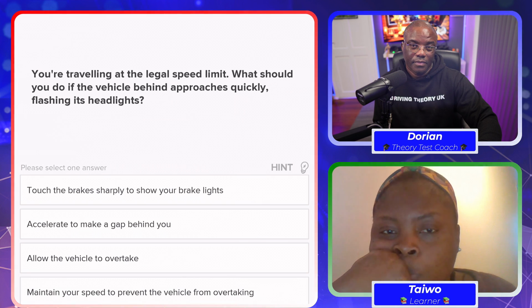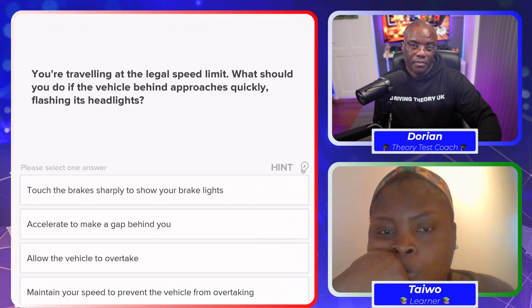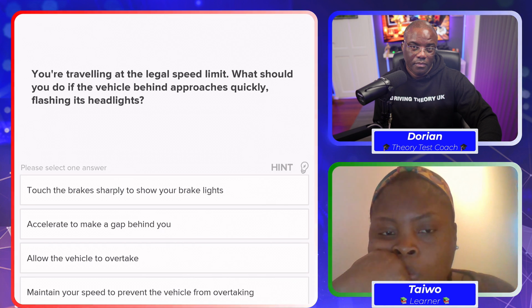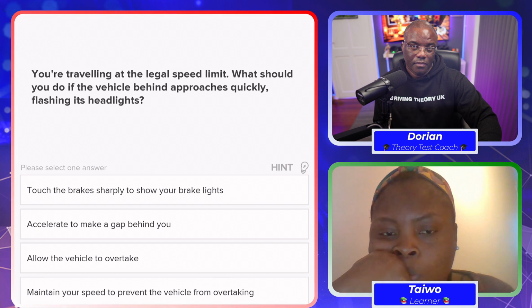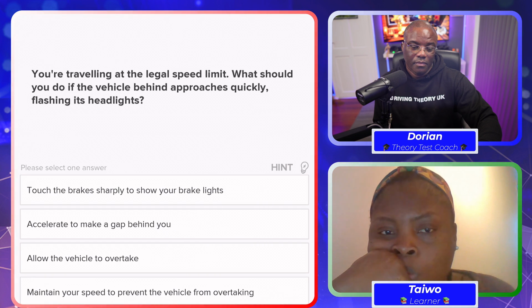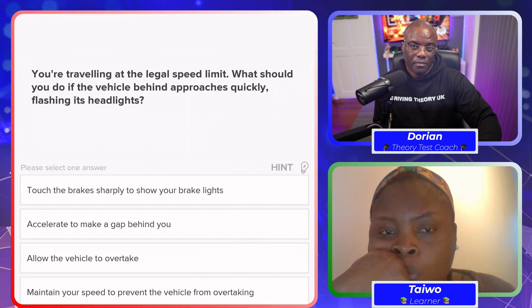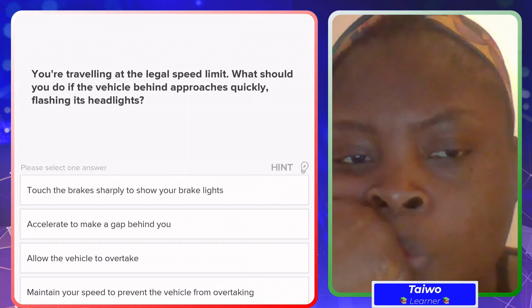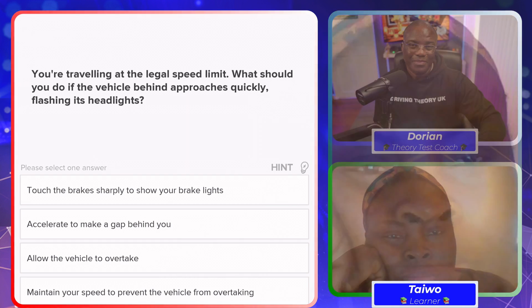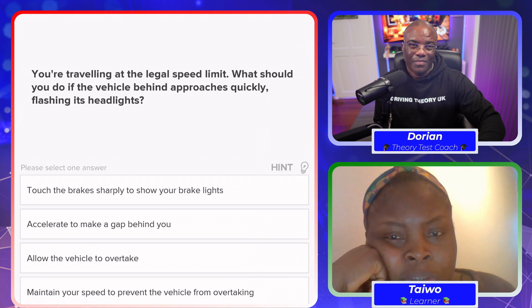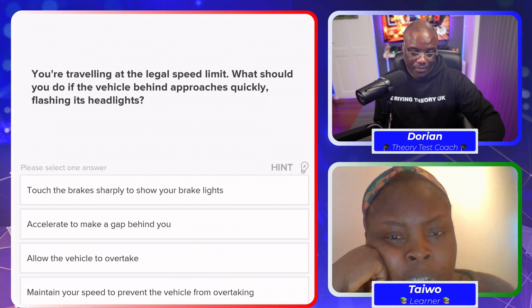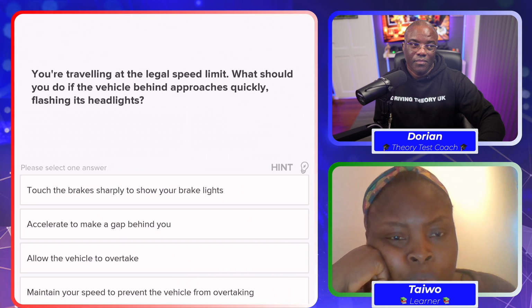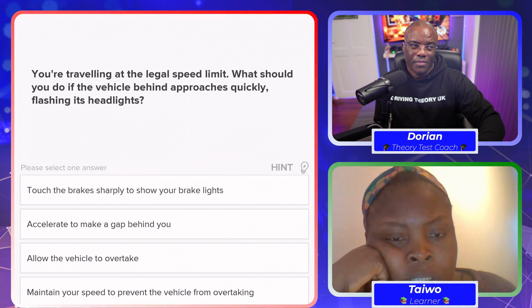You're traveling at the legal speed. What should you do if the vehicle behind approaches quickly and flashes its headlights?